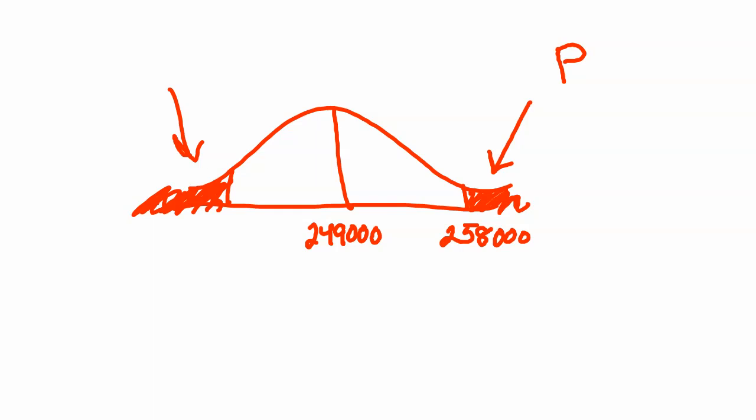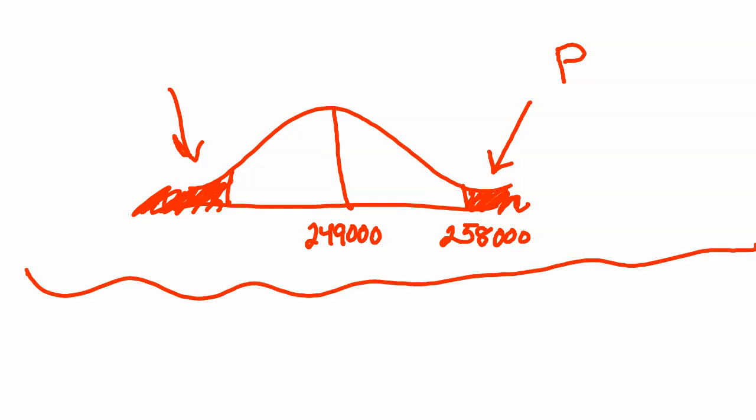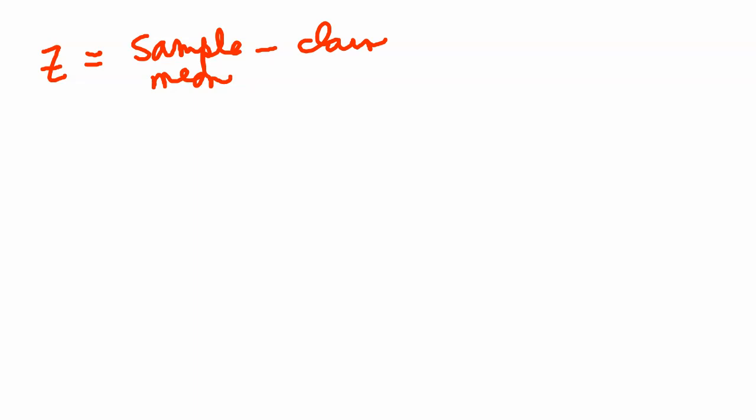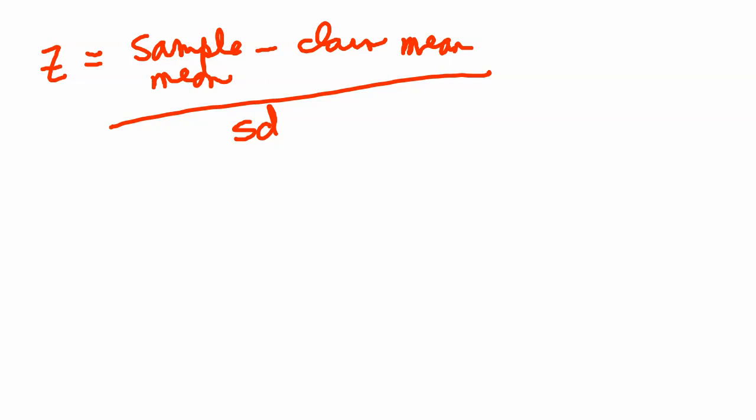What was the formula? It's the same thing. If you want to use the formula, then you use the standard normal calculator. So it's the same as for the t formula. The z formula is the sample mean minus the claim mean over whatever standard deviation you have, in this case, the population standard deviation over the square root of n.